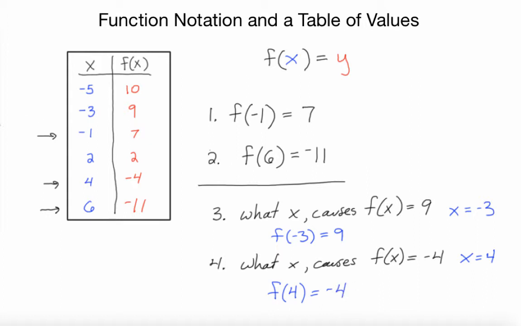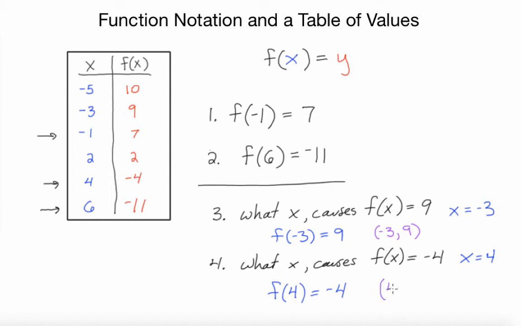All right, just as a prelude to what we're going to do next, notice this function notation right here. Just for kicks, let's think about what that point would be on a graph. I want to plot a point. Well, if I have x and y values, that's the same thing as saying this point. When x is -3, I get a y value of 9, and that would be a point that I could plot on my function.